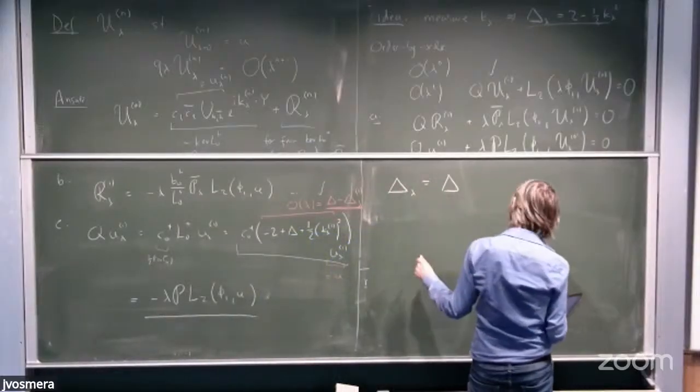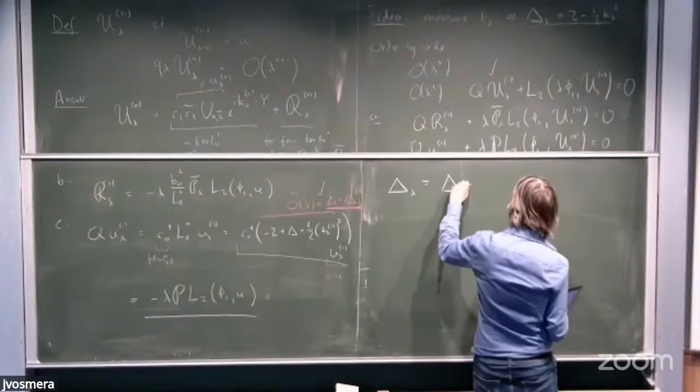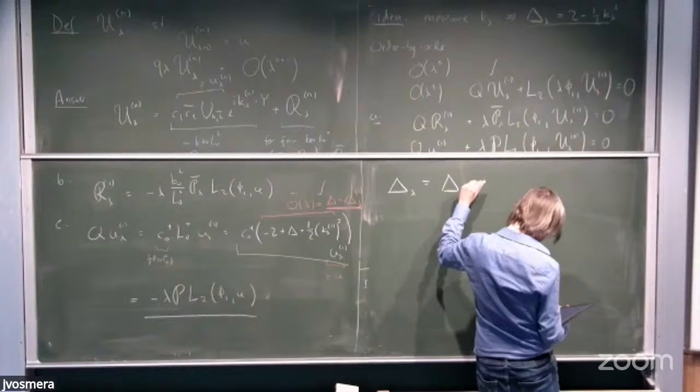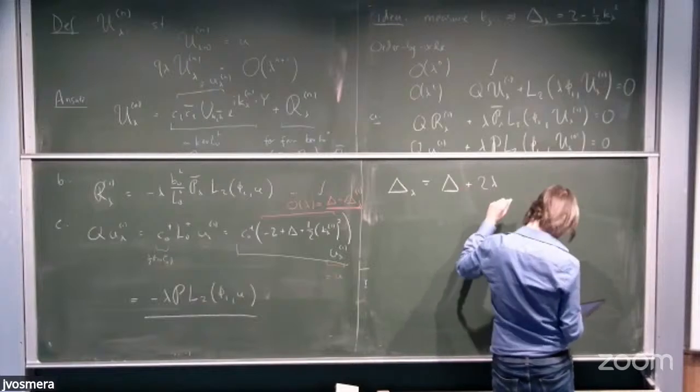So then, taking this overlap, we can compute that the different scaling dimension is equal to 2.